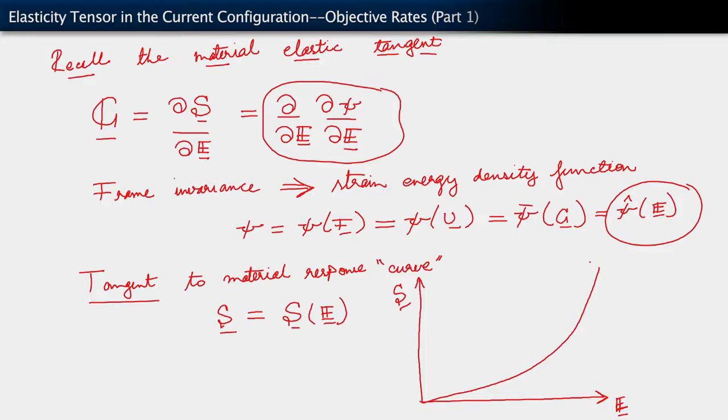So where does the tangent come into all this? Well, clearly the elastic tangent gives us the tangent to this curve if you just look at the definition back here. So in a sense that tangent is that.